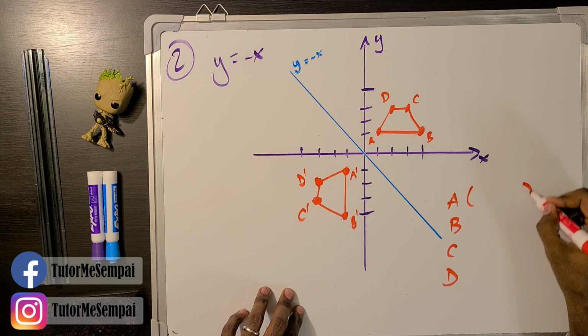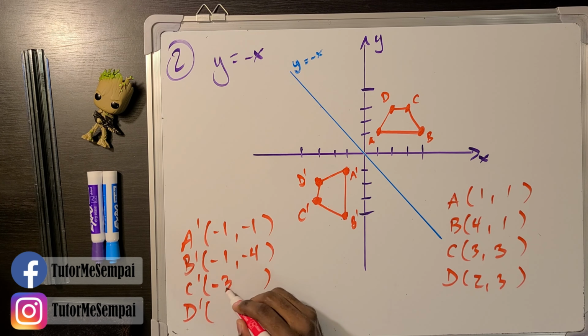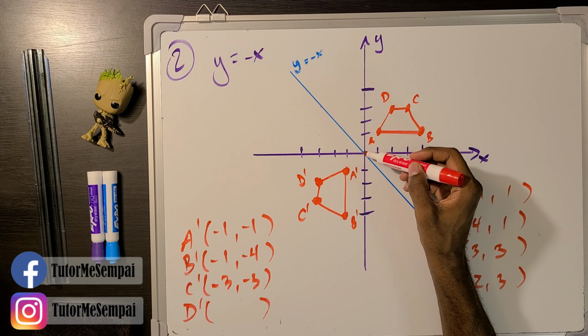C prime is going to be -3, -3. And D prime is -3, -2.